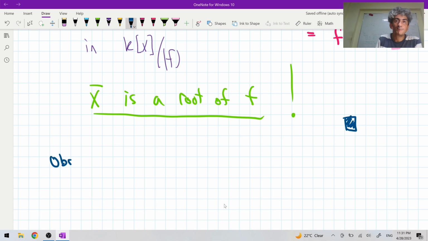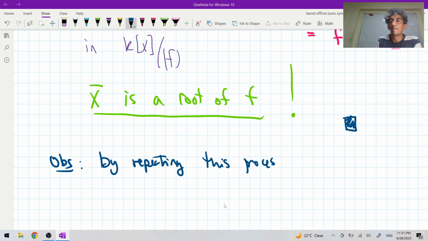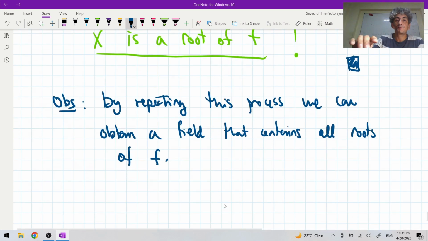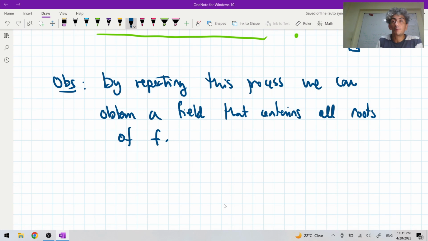Observation: by repeating this process, we can obtain a field that contains all roots of f, and that is called the splitting field for f.